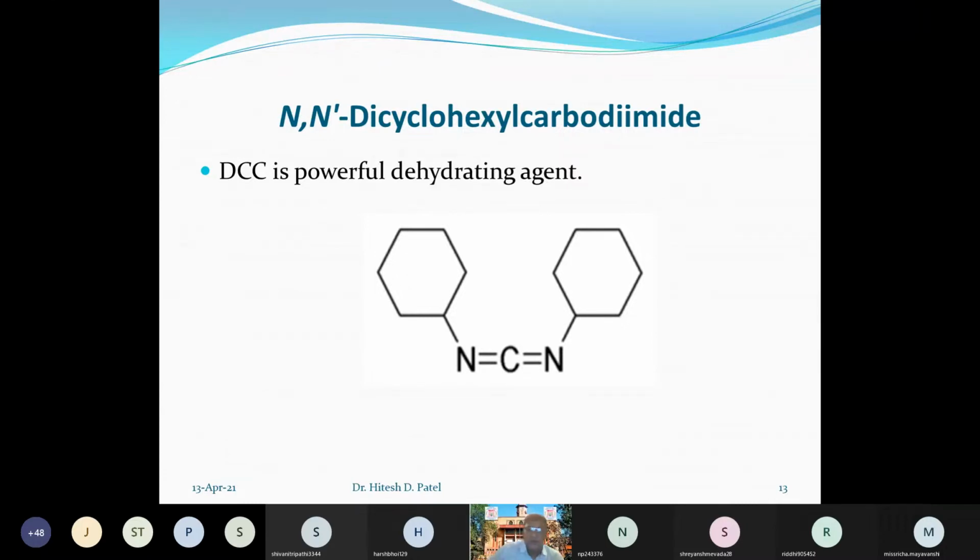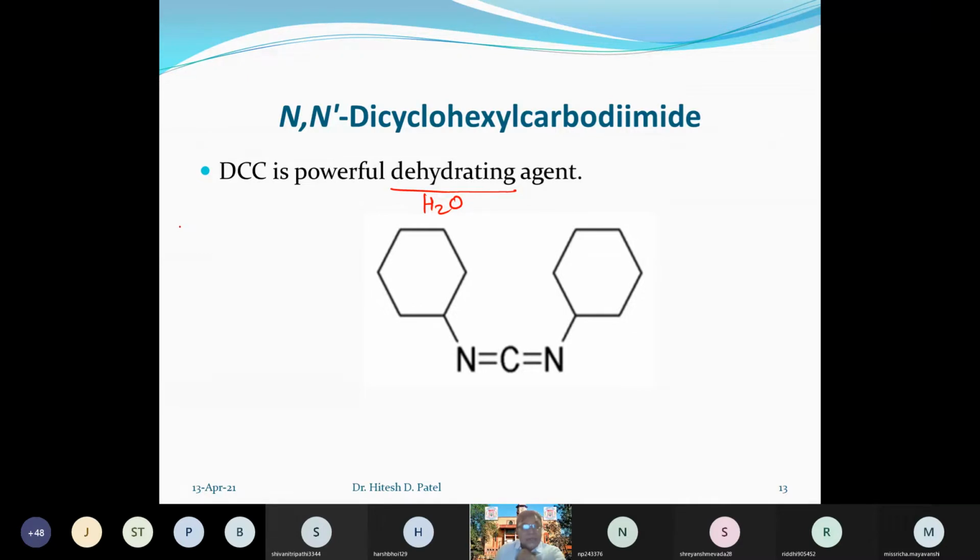The term itself says it has a tendency to absorb water. So if water is there in the reaction, that water will be absorbed by DCC and the reaction will be completed in the forward direction.